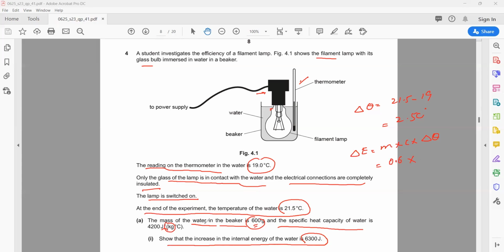Then multiply by the specific heat capacity that is given, 4,200, and the change in temperature is 2.5. So what is the energy? It is 6,300 joules. Got it? So now we have proved that they are the same. Got it?